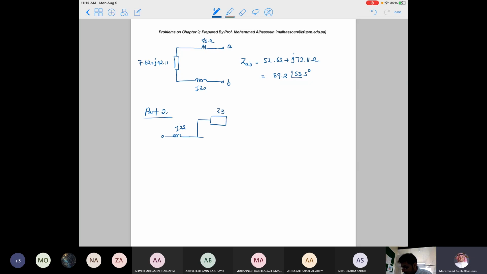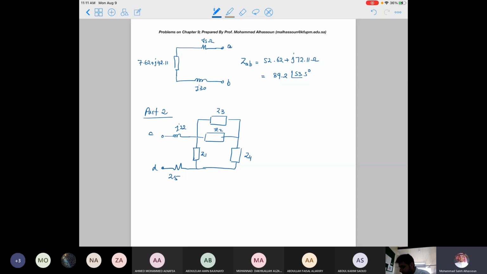I call this one Z3, Z2, Z4, and Z1. This one is 25.